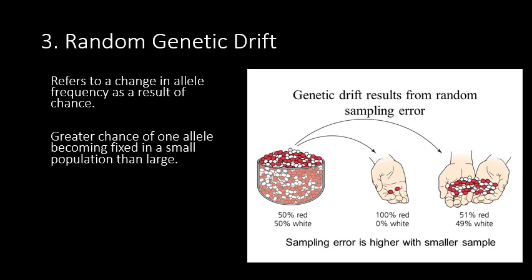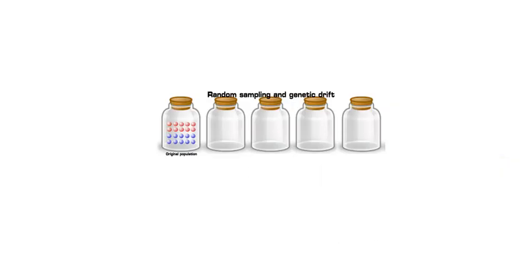As I stretch that out and flip it 100 times or 1,000 times, I'm going to have a greater chance of getting that 50-50 balance. So what we want to say is there's a greater chance of one allele becoming fixed in a small population rather than a large population. So here's a little experiment to try to illustrate this idea.